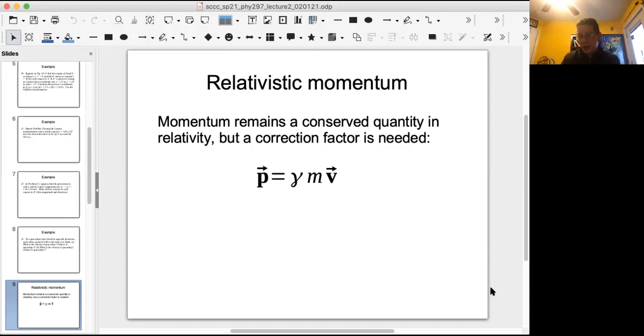And again, this is another way of saying that an object with mass can't exceed the speed of light, because as its velocity approaches c, its relativistic mass would increase proportionally, to the point where you can't actually get to the speed of light.